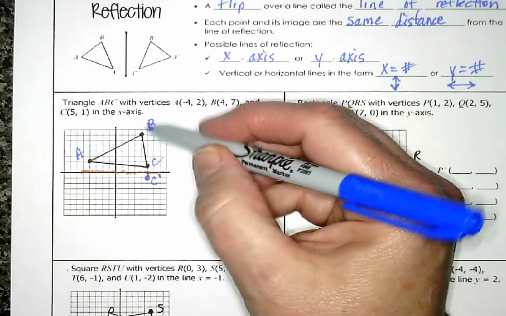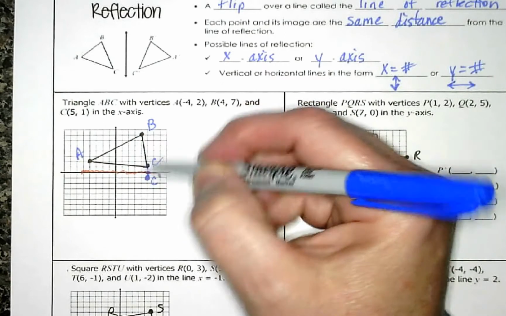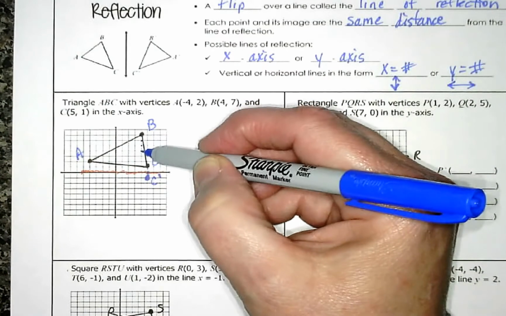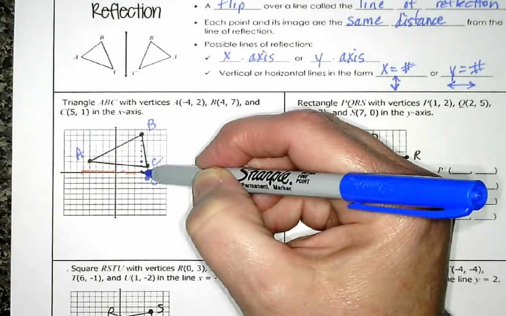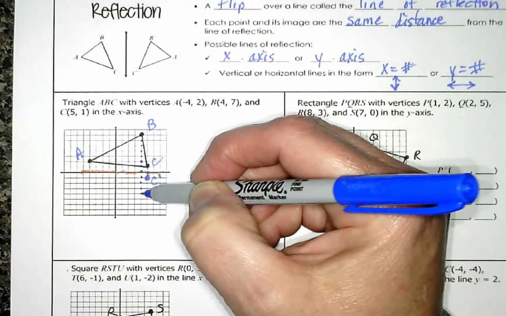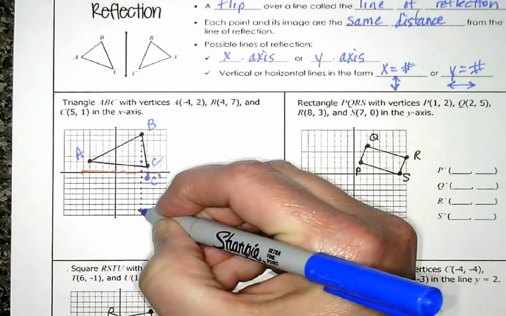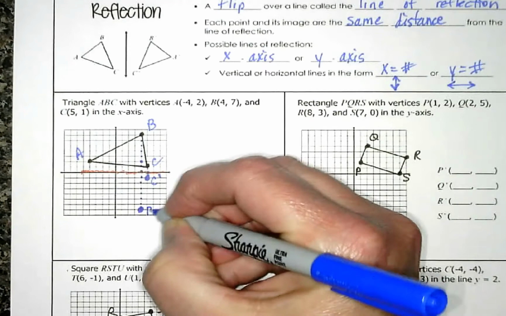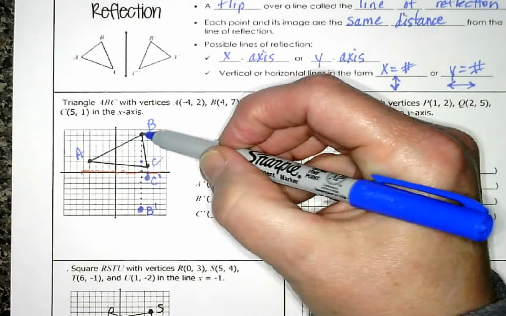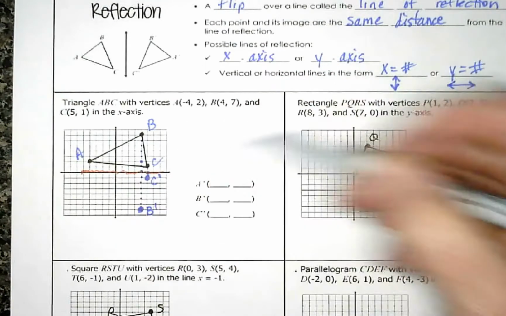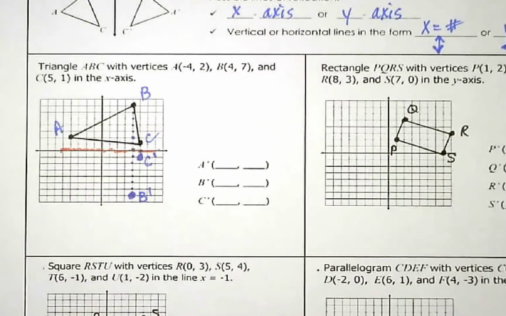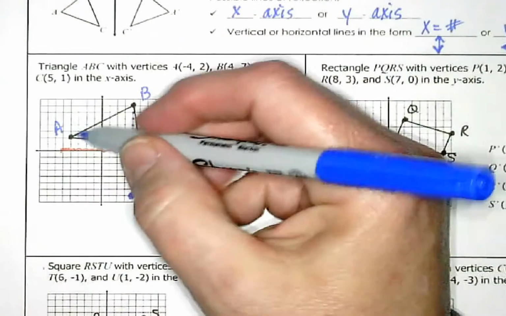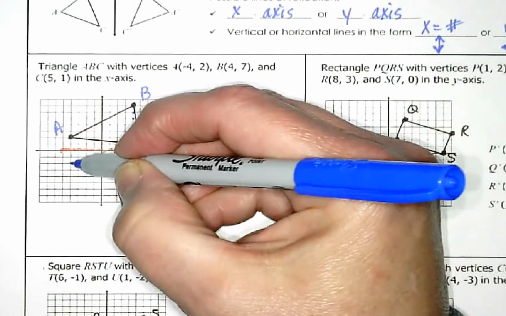Let's go here and do B. Count to the line: 1, 2, 3, 4, 5, 6, 7. Then count again: 1, 2, 3, 4, 5, 6, 7. By doing that, you are assuring that both points B and B prime are the same distance from that line of reflection. Do the same thing with A: 1, 2, 1, 2.